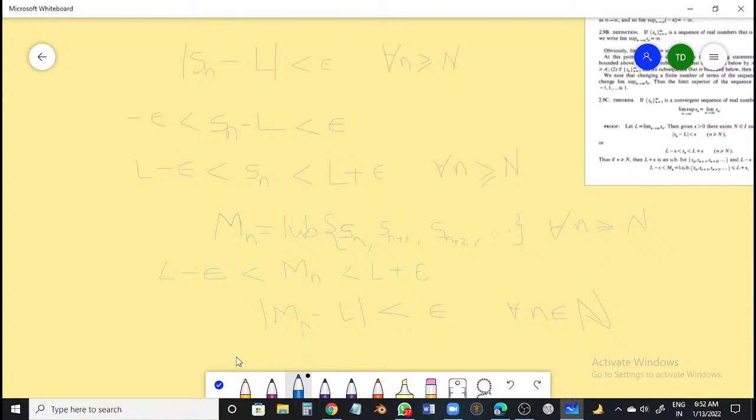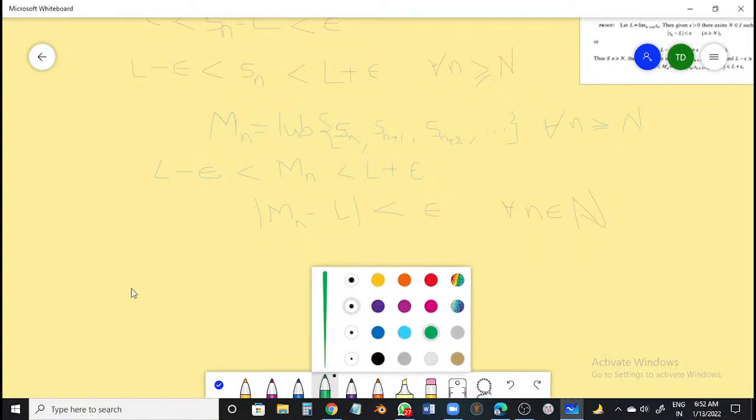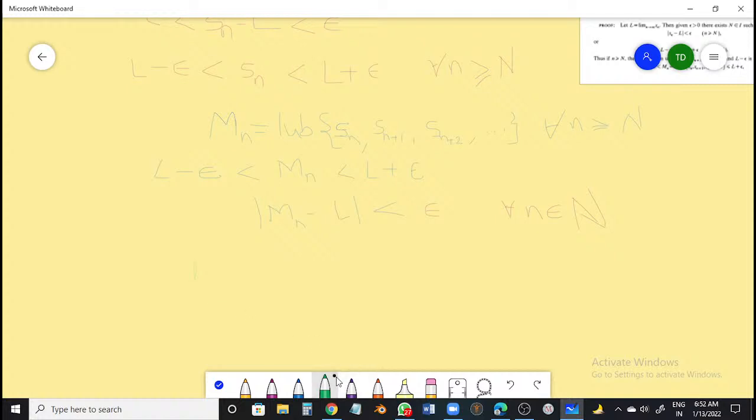So what this will mean particularly for us? This means that limit as n tends to infinity of this sequence Mn is L, but the limit of Mn is, in our language, limit superior of Sn.